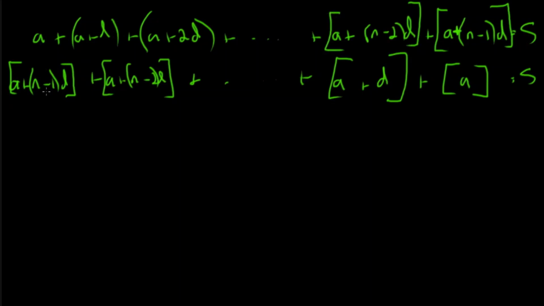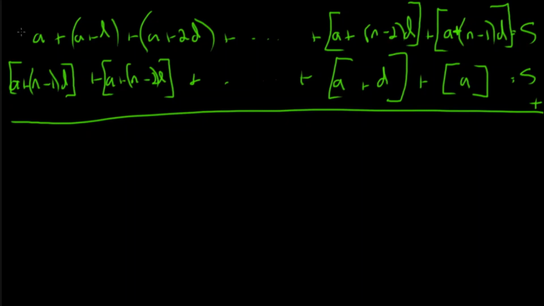All right, so if I sum these things, what is A plus n minus 1 D? That's 2A plus n minus 1 D. And then here we have, once again, 2A.